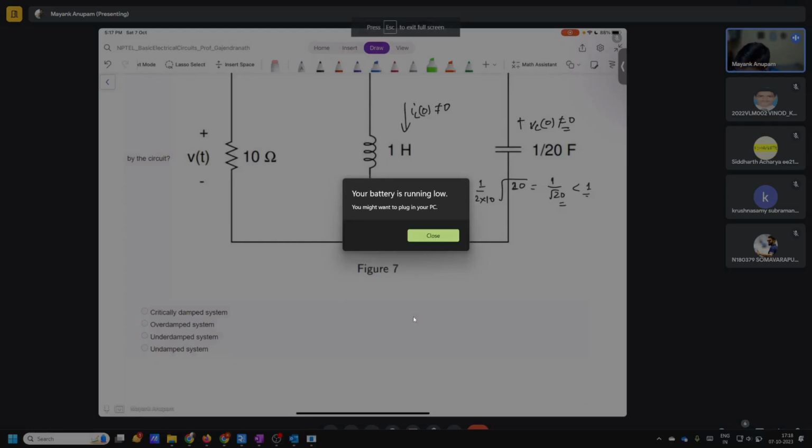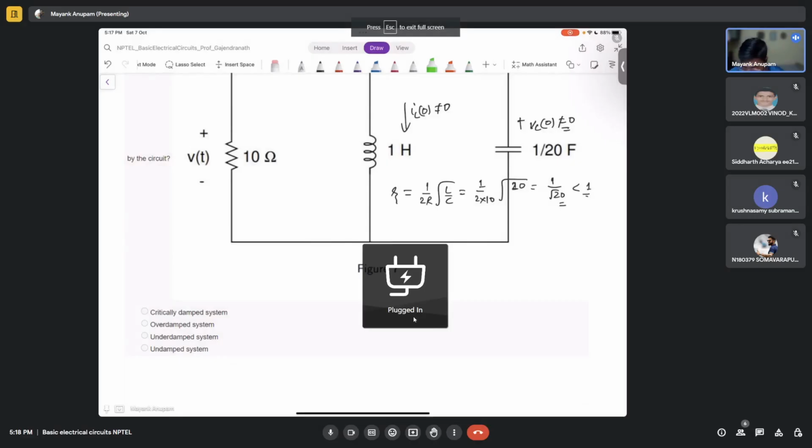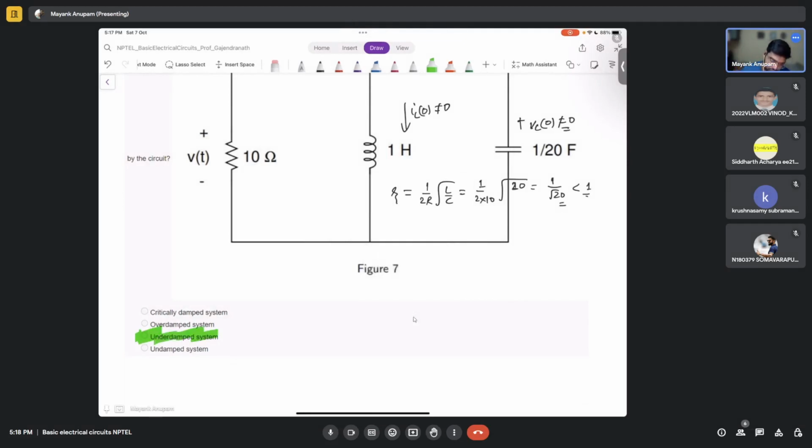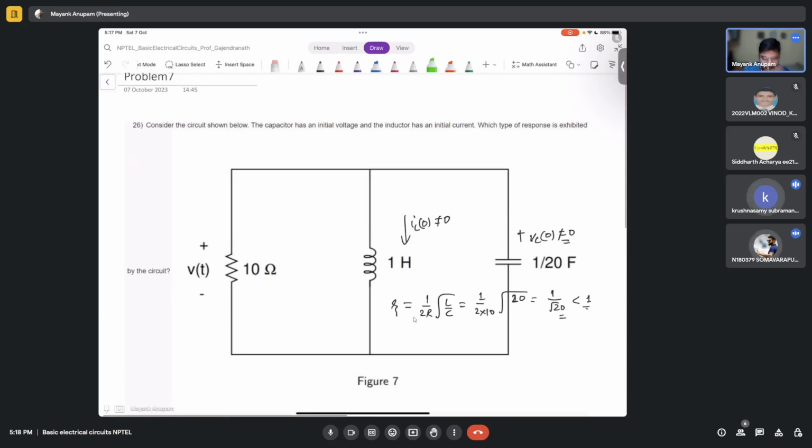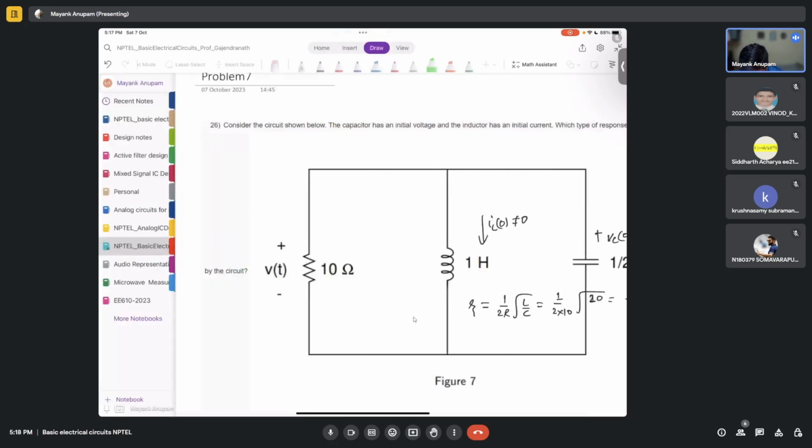Is this underdamped? Yes, sir, zeta between 0 and 1. Yeah, so it is underdamped, correct? It is underdamped.